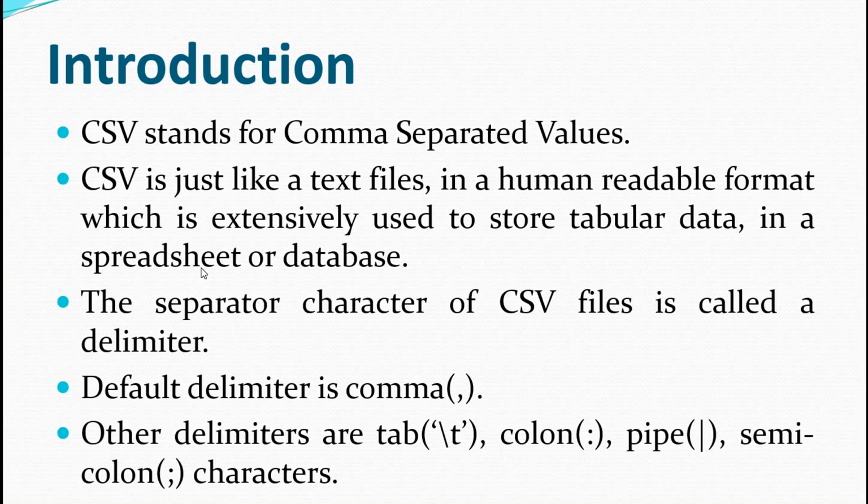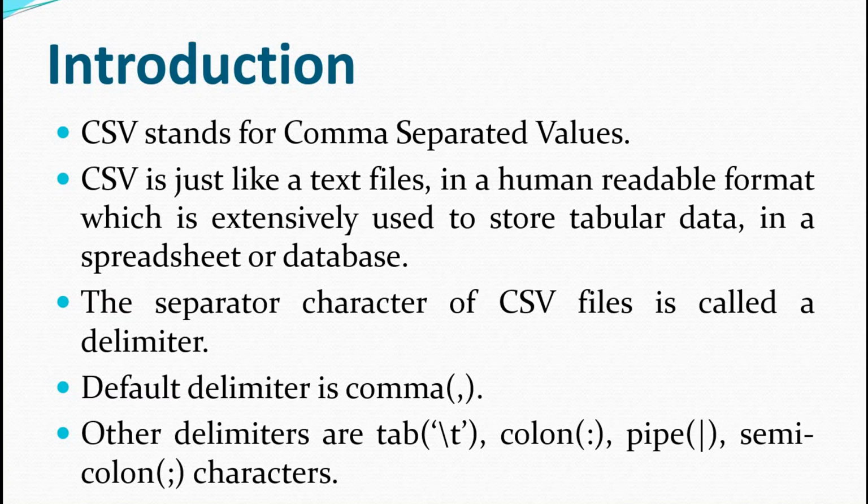Now see, introduction of CSV file. CSV stands for comma separated value, meaning here we store values in a comma separated manner, meaning elements are arranged in a row and column manner, that is called tabular manner, just like MS Excel.